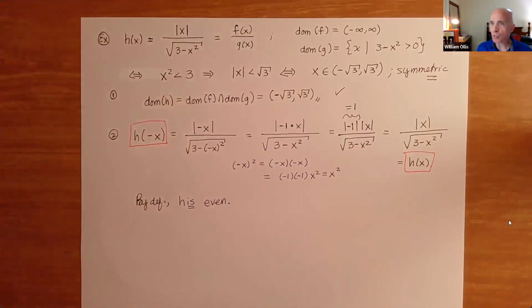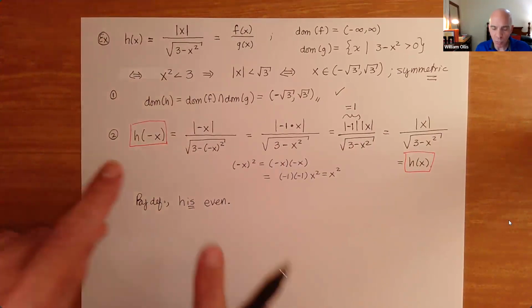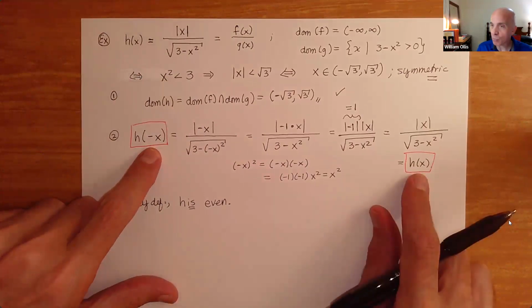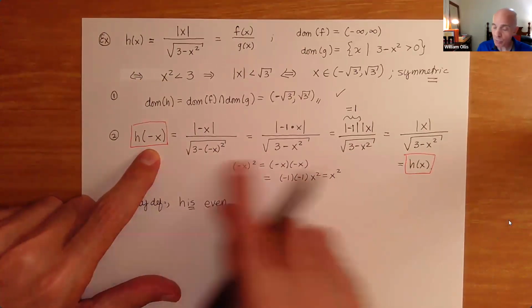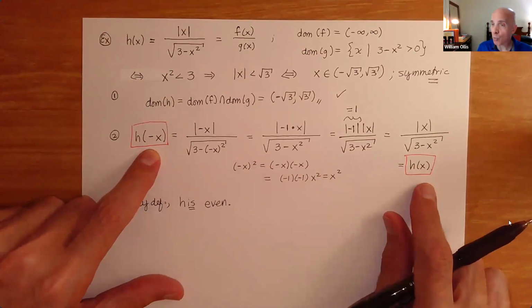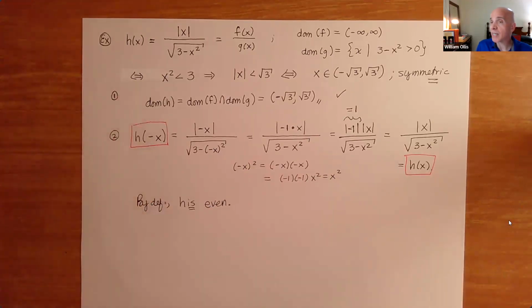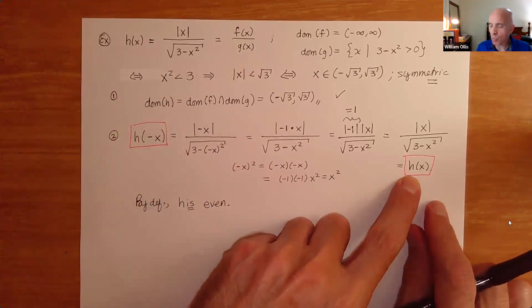So students will say, well, how will I know? Well, once you get the symmetric domain, then you apply this, and what's going to happen? Well, either the negative will absorb, the negative will survive, or you will get neither of those. That is, you won't get a clean equation. You won't get the additive inverse of this, or you won't get h of x.